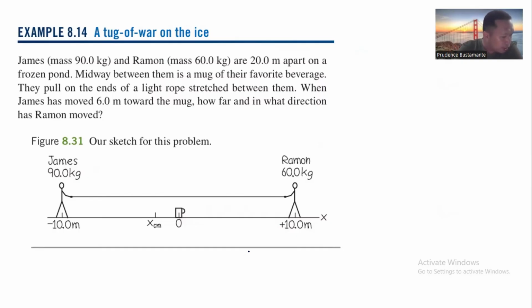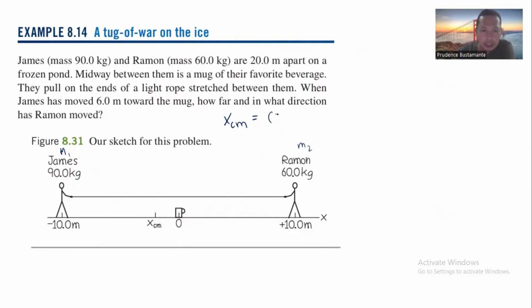The initial coordinates of James and Ramon are negative 10 and positive 10 respectively. So let's find the coordinate of the center of mass first, x center of mass. We need to know where it is from the origin. This is our M1 and this is our M2.